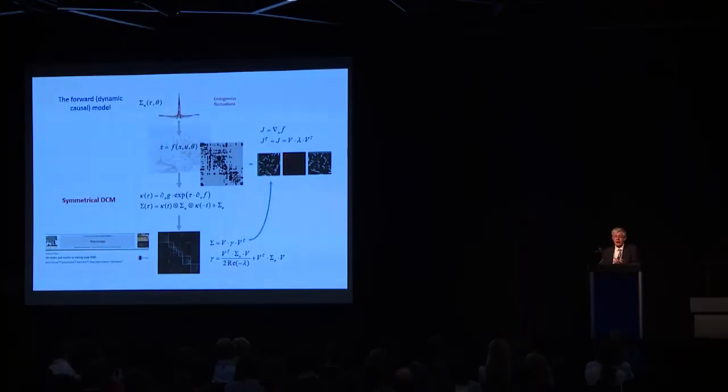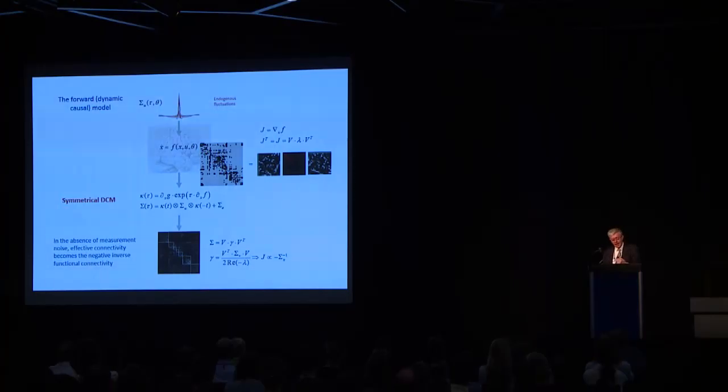And furthermore, if we assume there is no observation noise, then we have this special case where the effective connectivity becomes a negative inverse of the functional connectivity. Of course, a lot of you will recognize that as the partial correlation.